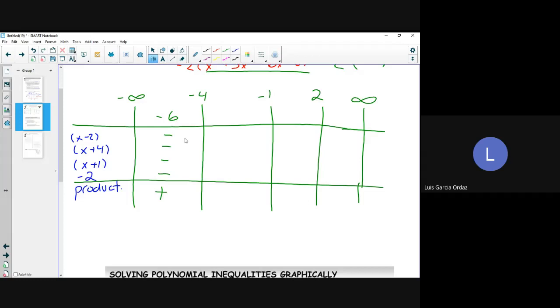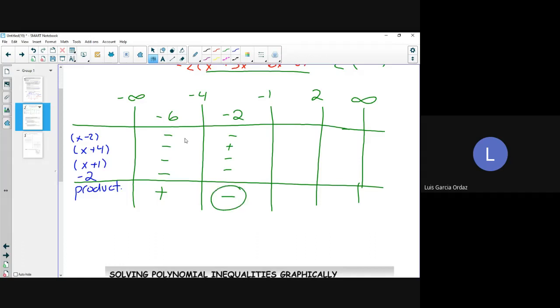Which one do you guys want to pick? Let's do negative 2. What do the signs give us when we sub in negative 2 for our x values? Negative, positive, negative, negative. And when we multiply those, what does it give us? Positive or negative? Negative. So that means the graph is less than or equal to 0. So we're going to focus on this.